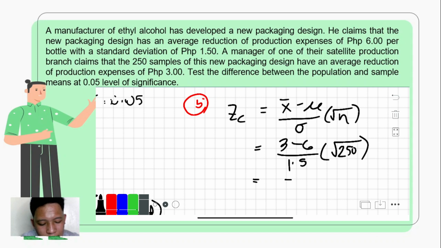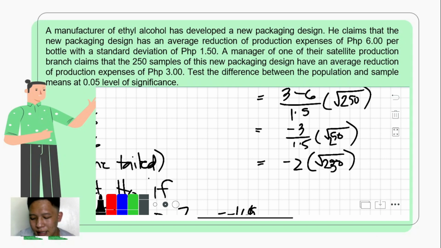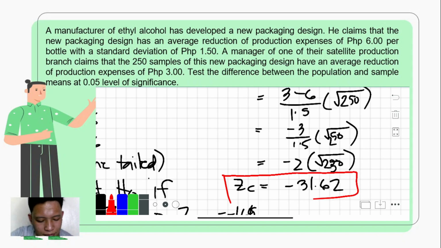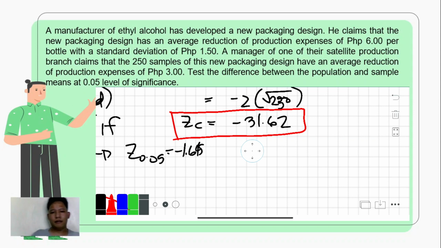That is negative 3 over 1.5 multiplied by the square root of 250. By doing the math, we have negative 2 multiplied by the square root of 250, which is negative 31.62. So this is our test statistic.